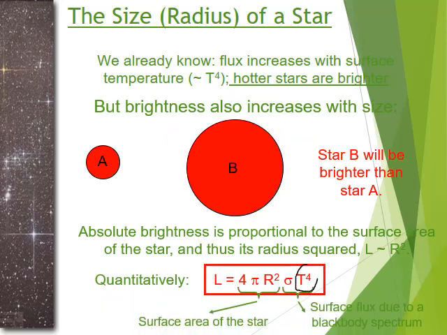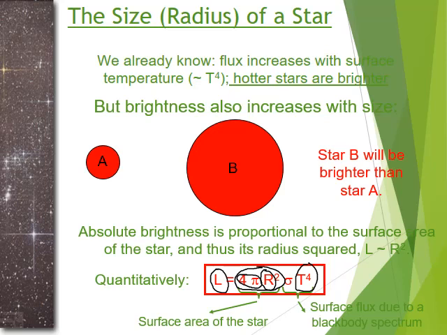So notice that the luminosity, or the amount of energy that a star produces each second, depends certainly upon the temperature, but it also depends upon the surface area of the star. And that's given by this equation, 4 pi r squared, where r is the radius of the star. So the bigger the star, the bigger the r, and therefore the bigger the 4 pi r squared, because these are just constants.